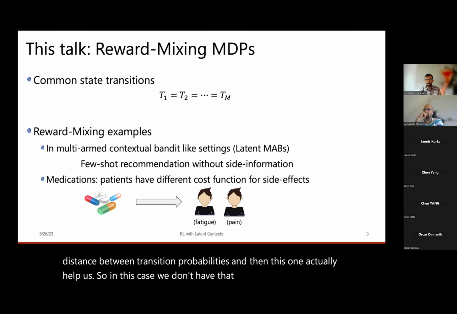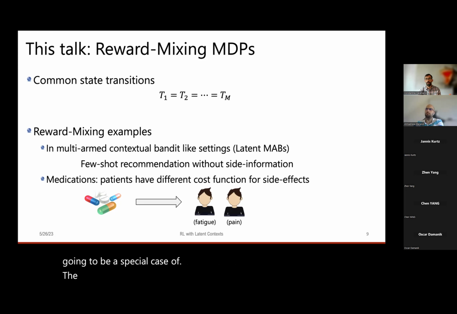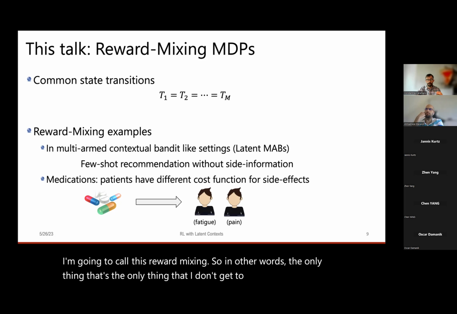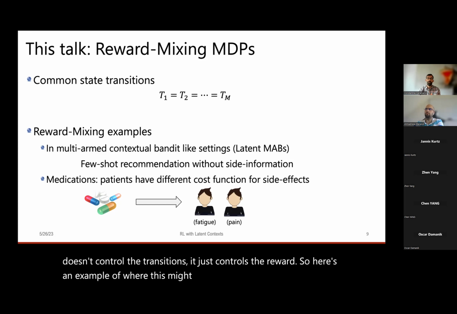But this is a special case of the general latent MDP problem, and I'm going to call this reward mixing. So in other words, the latent variable doesn't control the transitions, it just controls the reward.